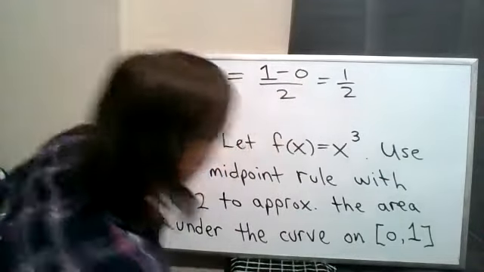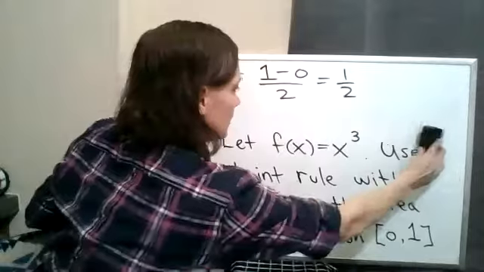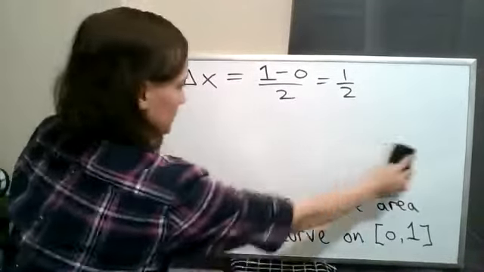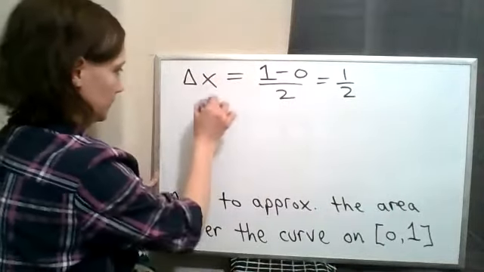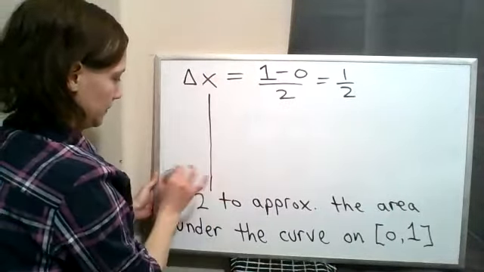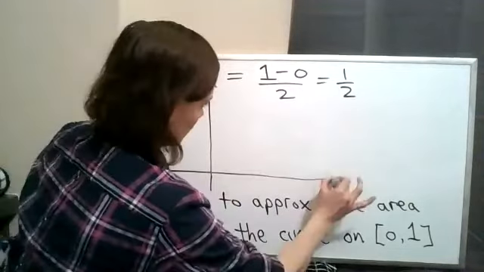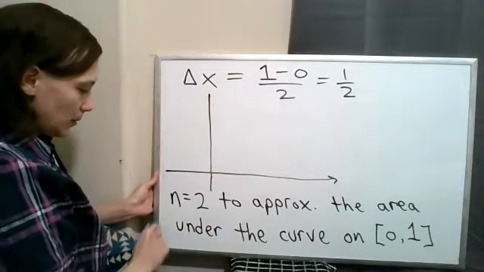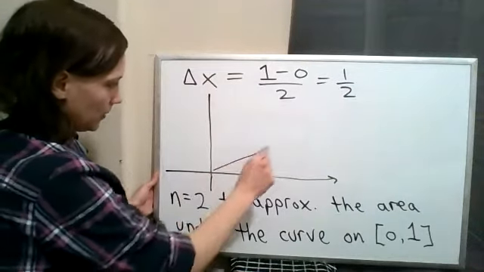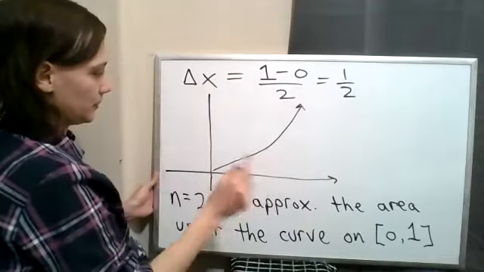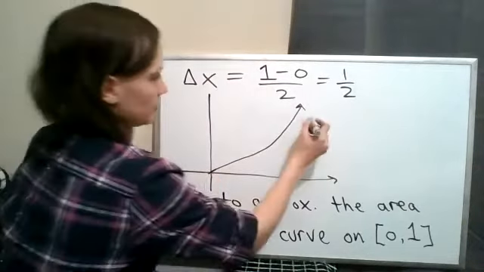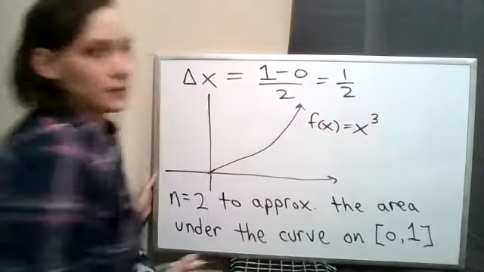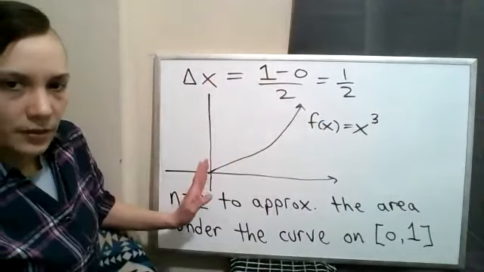So we'll draw part of that. Then flattens out and comes back, going from 0 to 1.